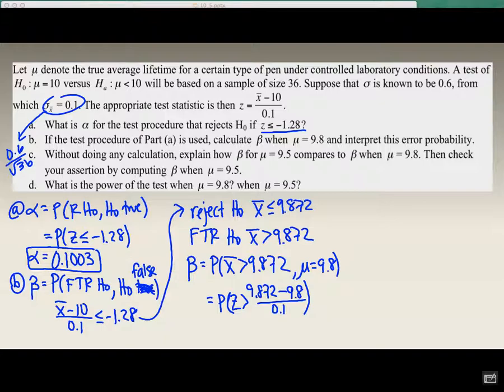So this z-score ends up being 0.72. This is the probability that z is greater than 0.72, which ends up being 0.2358. So this is the value of beta.